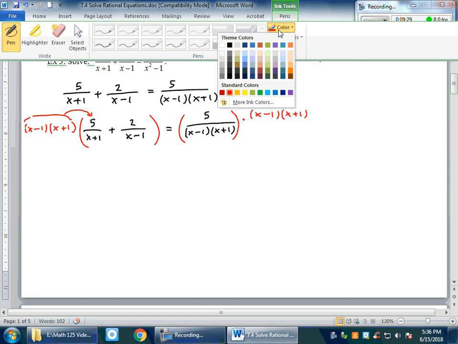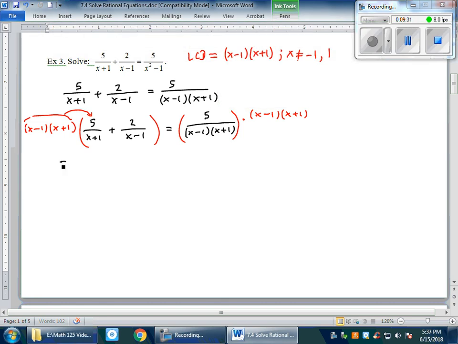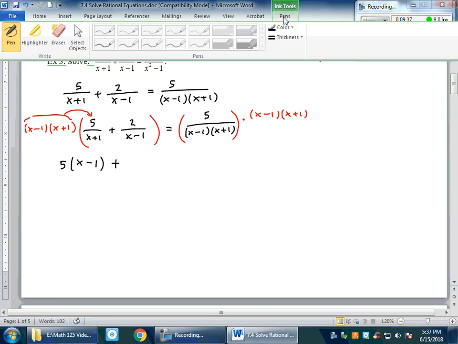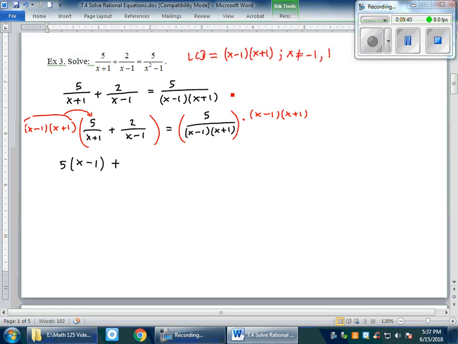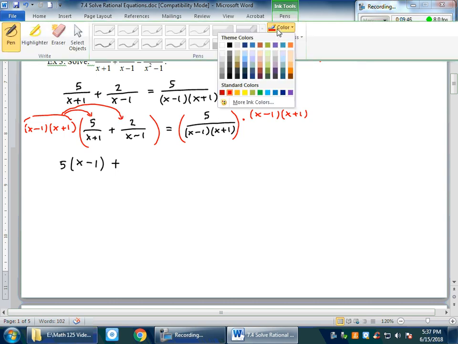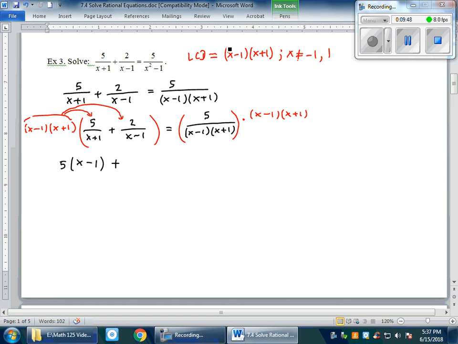So what's left over is 5 times x minus 1, plus, when we distribute to the second fraction, x minus 1 and x minus 1 reduce. So what's left over is 2 times x plus 1. And on the right hand side, x minus 1 and x plus 1 both reduce already, so I will only be left with 5 times 1, which is 5.